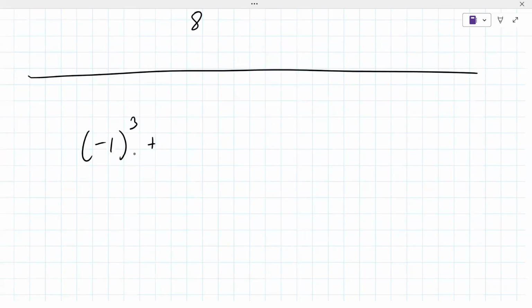-1 to the third plus -4 times 1 to the power of 9. So do what's inside parentheses first.